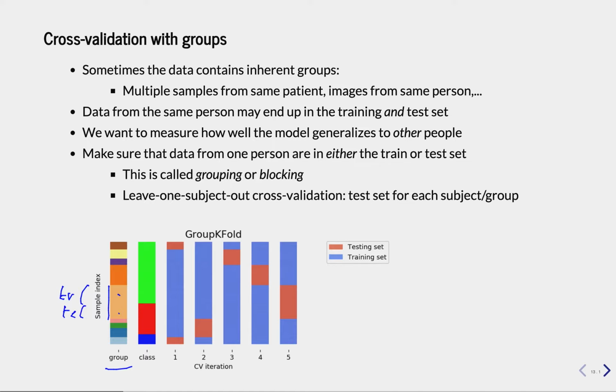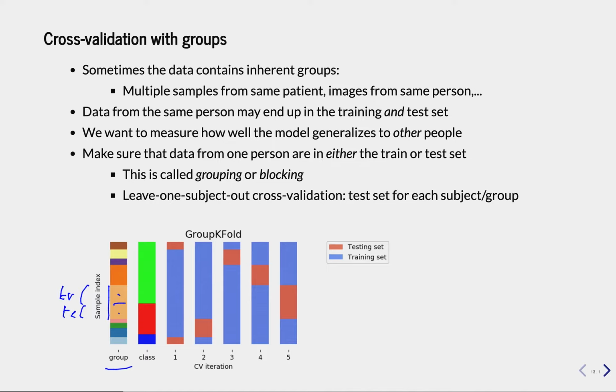Right? This is not good because you want to evaluate your model on how well it recognizes new people in new images, right? And if you evaluate it on people it has seen before, that's not a good representation of the real problem.